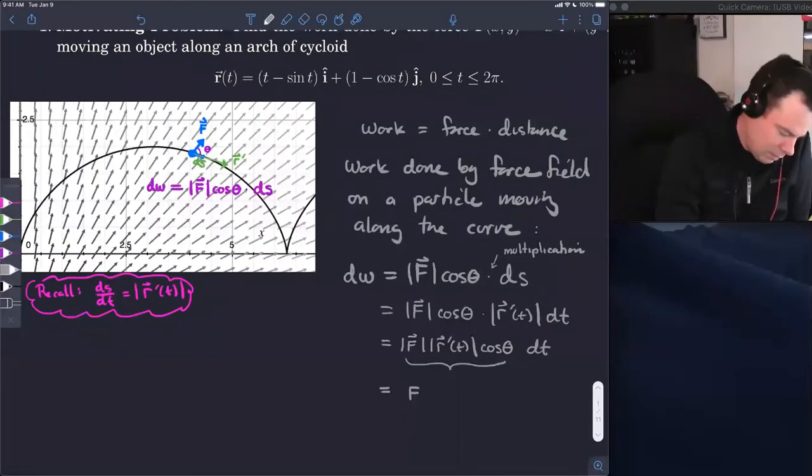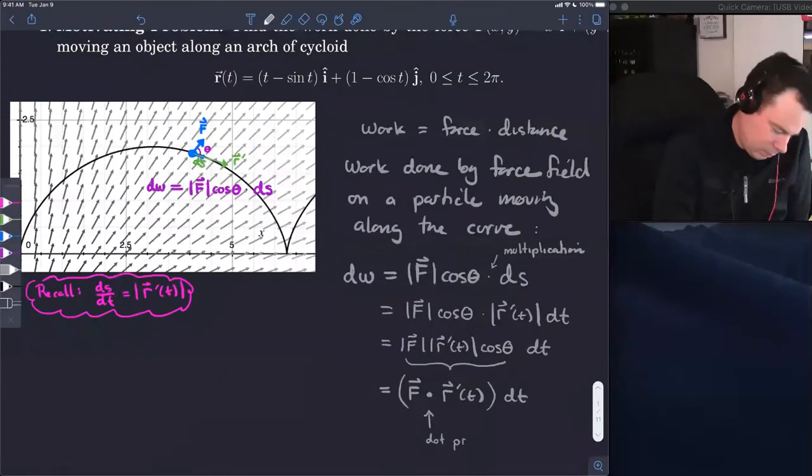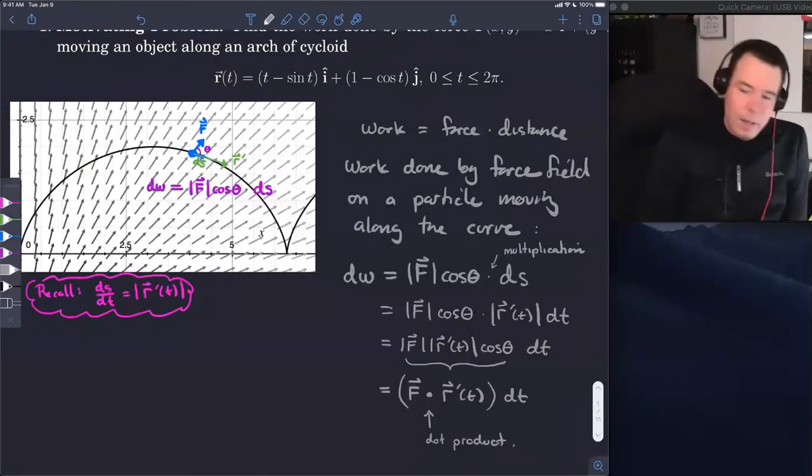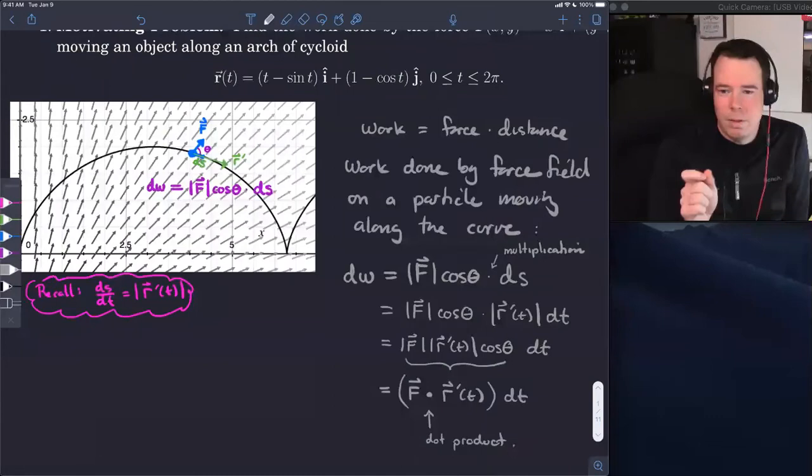So this is F dot r prime of t. So make that dot really big. That's a dot product now, times dt. And so that's the way to compute the work of this force field on a particle as it moves just a little bit along the curve.